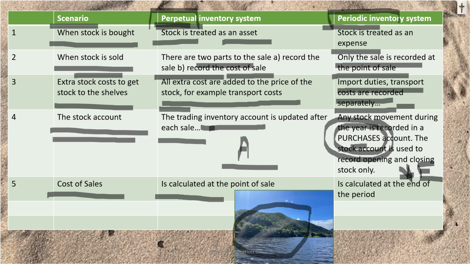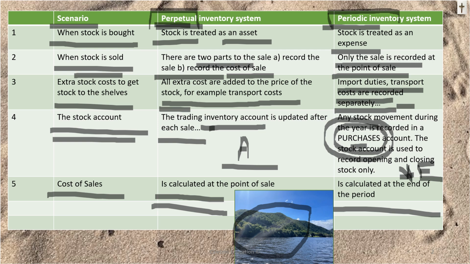So in the perpetual inventory system, you will have an ongoing balance of stock in your trading inventory account, and cost of sales will be calculated after each sale. In the periodic inventory system, cost of sales is calculated at the end of the period. Say, for example, the end of your financial year, cost of sales will be calculated.